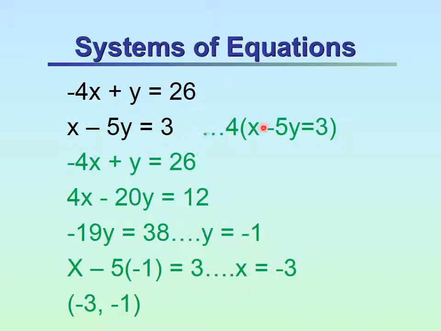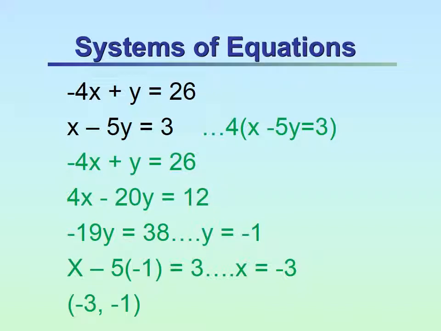So that's what I did here. I'm going to take 4 and distribute it to each and every term. So 4 times x gives me 4x, 4 times -5y gives me -20y, and 4 times 3 gives me 12.